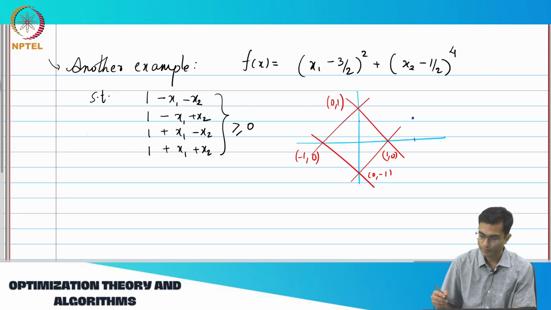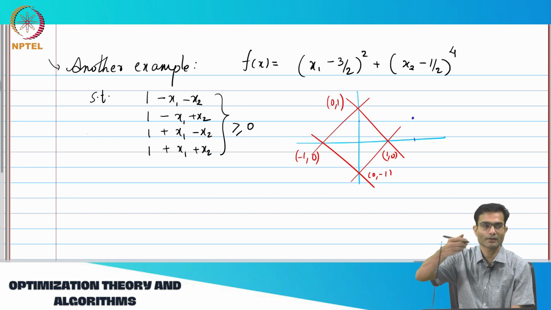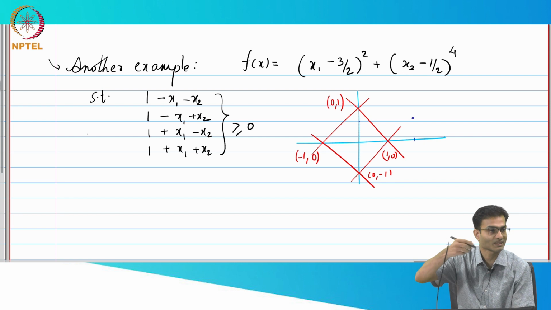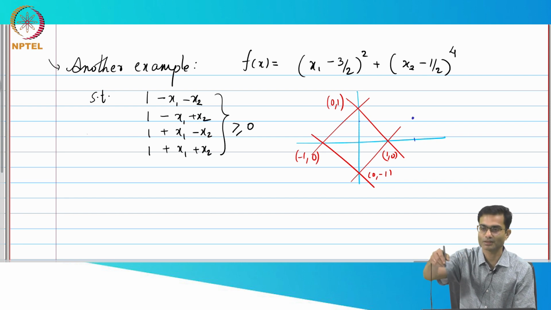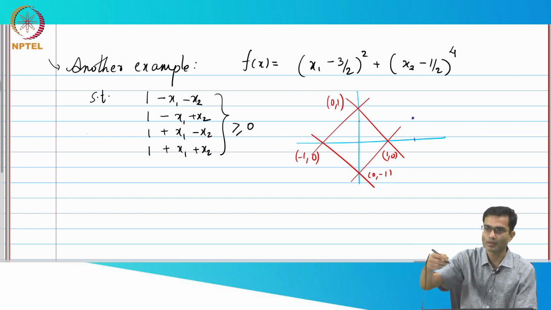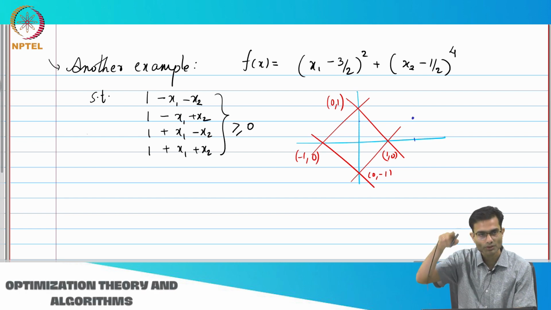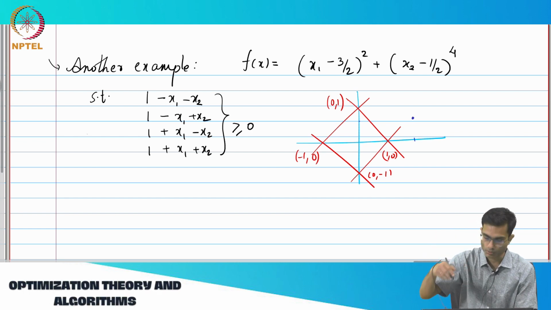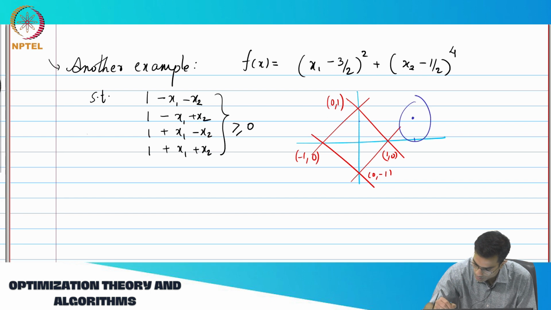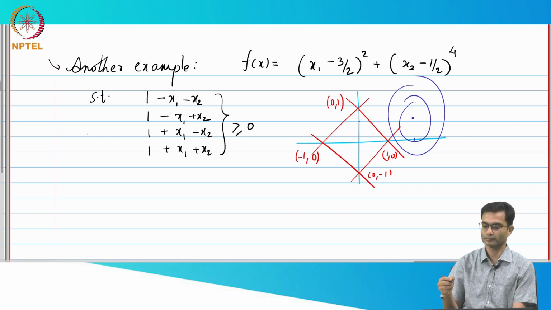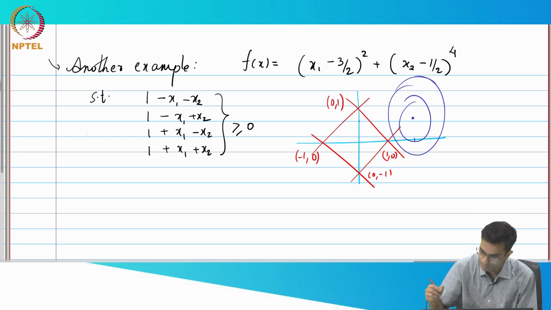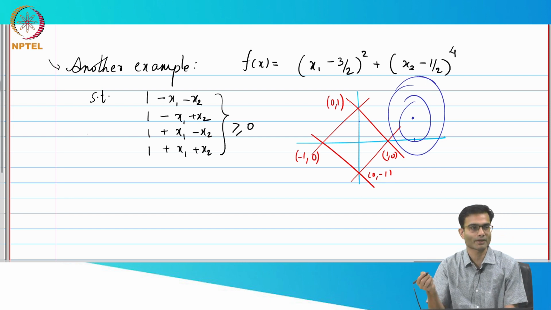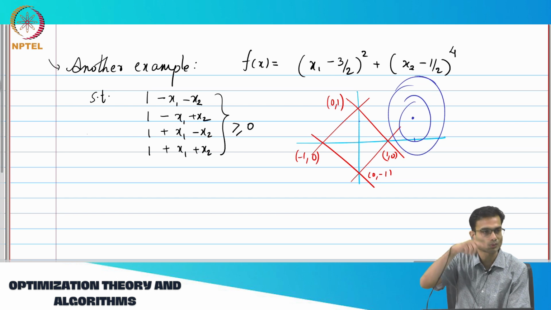From here I can draw some contours. They won't be circles, because it would be circles if it were whole squared instead of power 4. But they will look somewhat like this. We can later draw this on MATLAB or whatever and see. You will just have to take my word on this, that the contours will look like this.